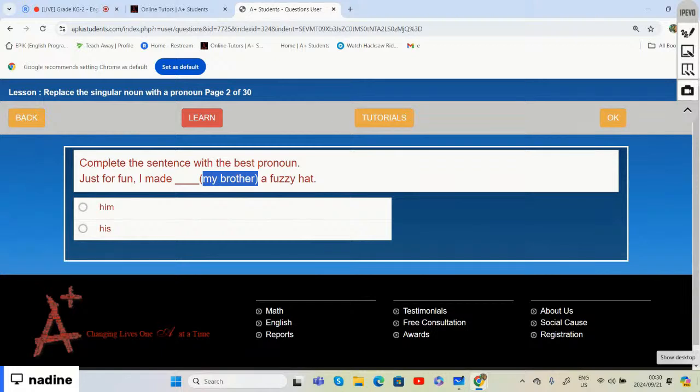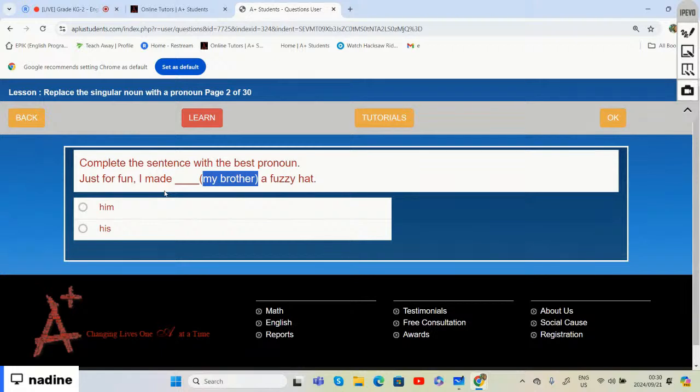If you made something for your brother, do you say I made him one, or do you say I made his one? Once again, it says, just for fun, I made my brother a fuzzy hat, right?